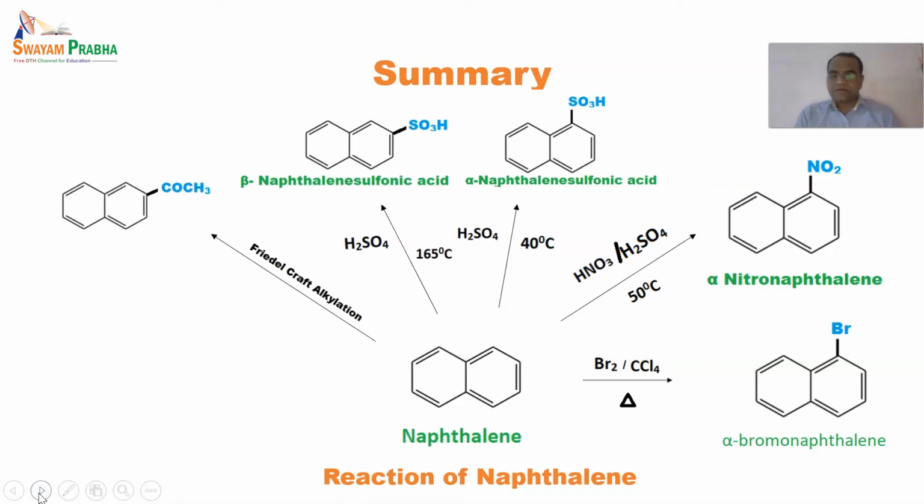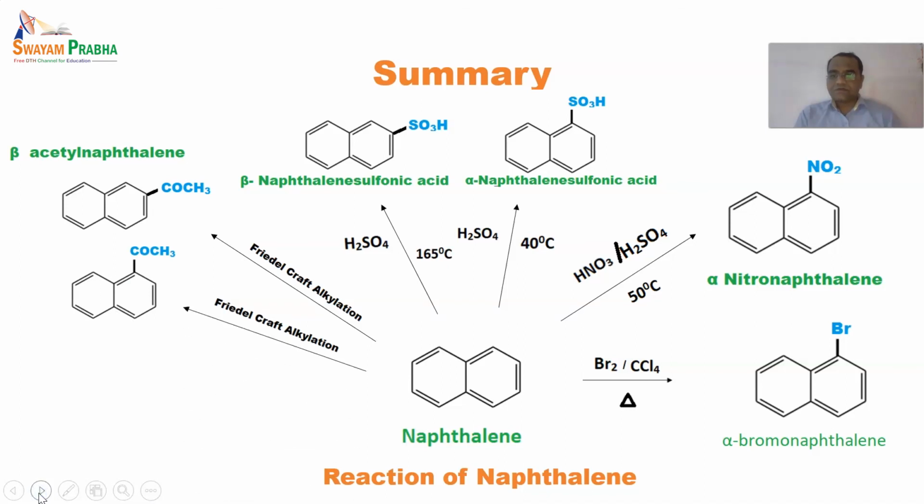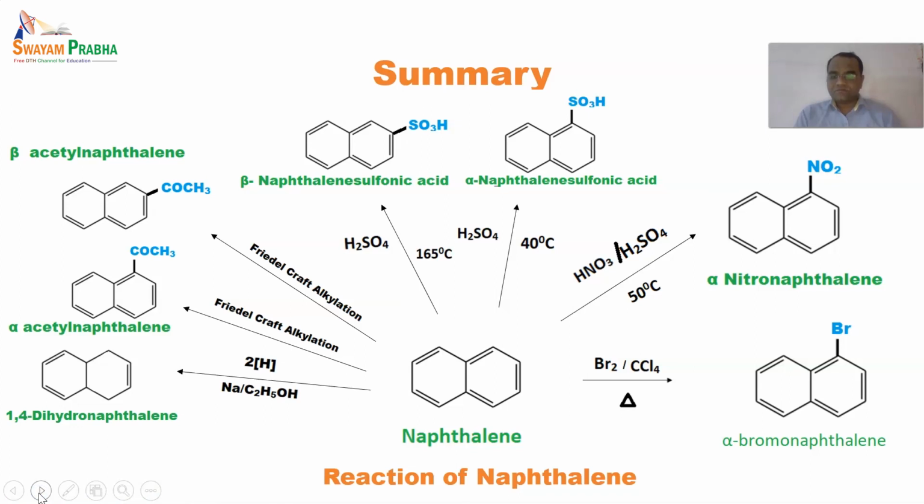After that, we have seen Friedel-Crafts alkylation. Friedel-Crafts alkylation also gives different types of products, that is alpha and beta. So here the solvent plays an important role. After that, reduction with sodium and ethanol forms 1,4-dihydronaphthalene.